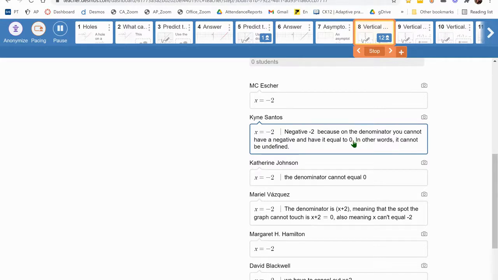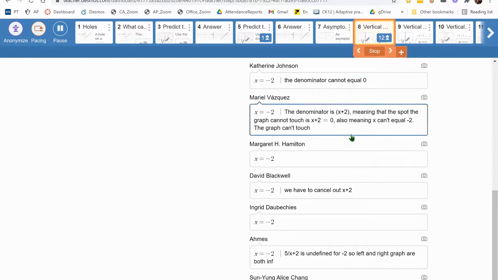Well, it's because if x equals -2, then the denominator would equal 0, which is undefined, creating a vertical asymptote. Really step through the logic. Don't just jump around or hit the end.